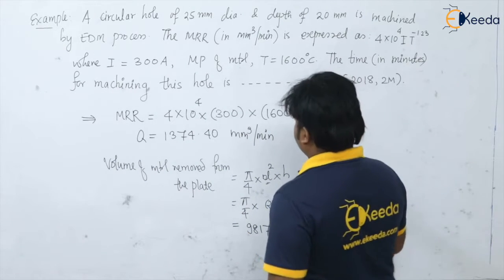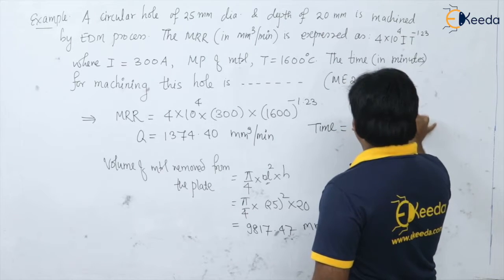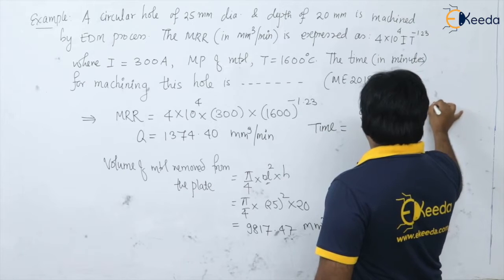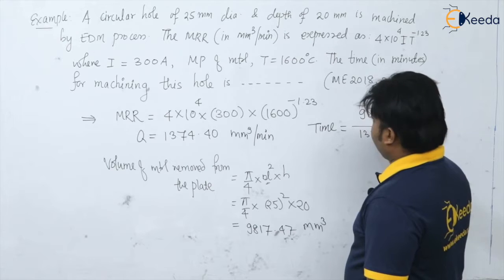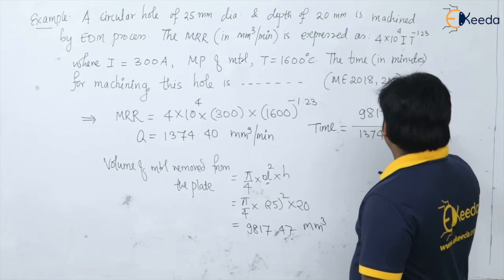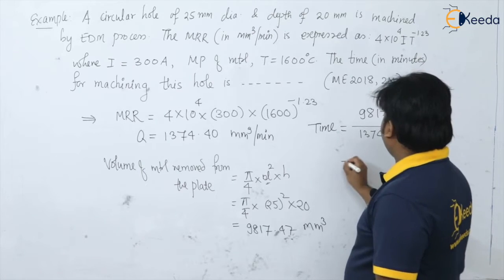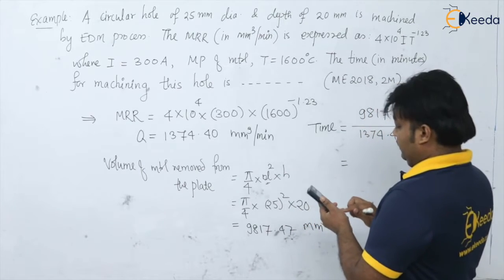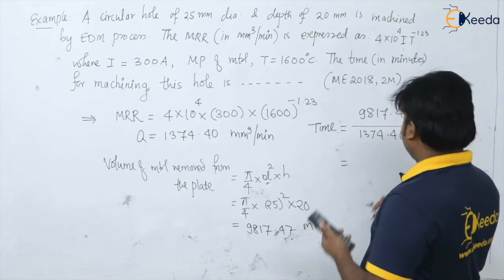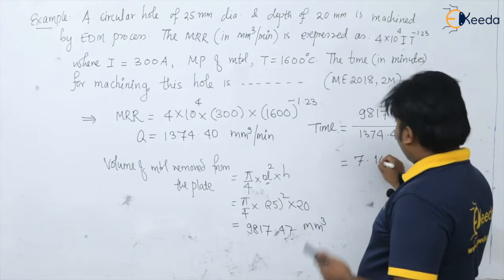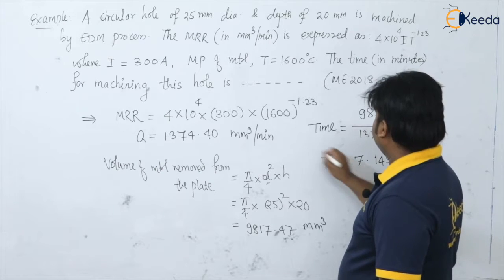That will be 9817.47 mm cube, divided by the rate, how much? 1374.40 mm cube per minute. So how much is it? Divided by 1374.40. So it will be 7.143 minutes.